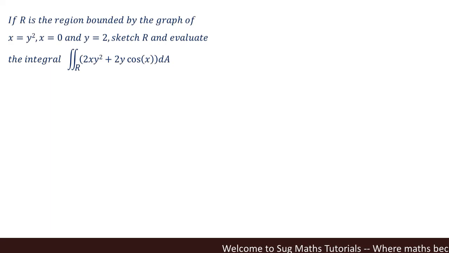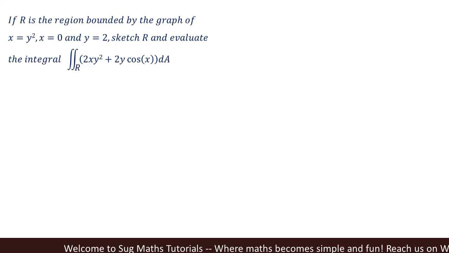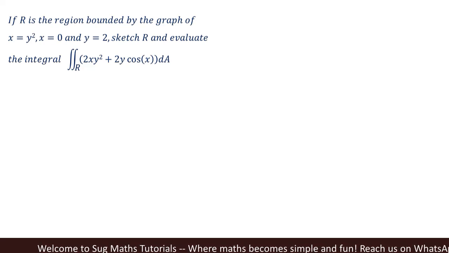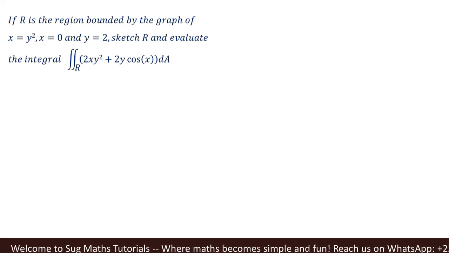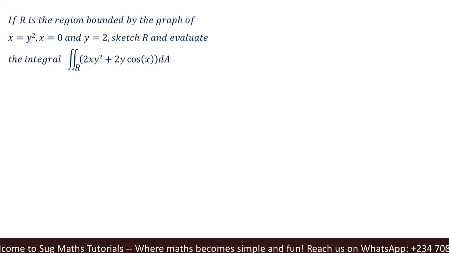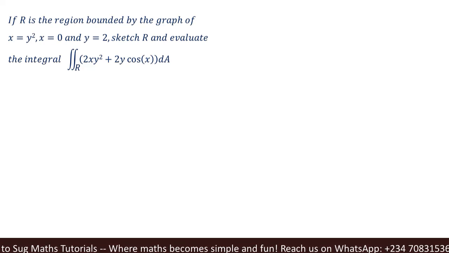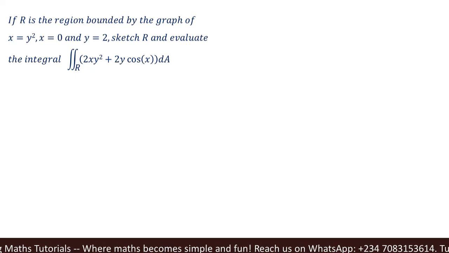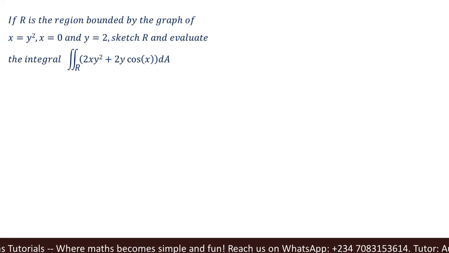This question says, if R is the region bounded by the graph of x equals y squared and x equals 0, y equals 2, sketch R and evaluate the double integral over the region R of 2xy squared plus 2y cos x.